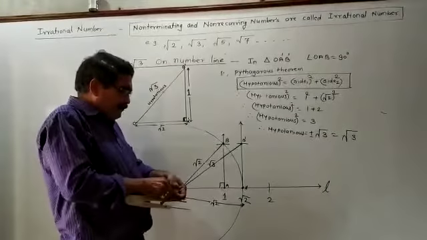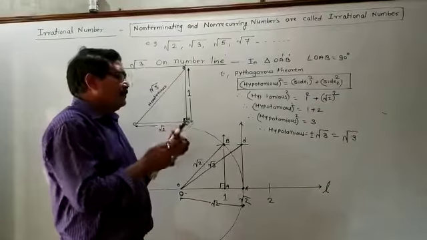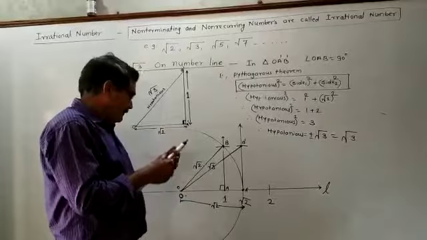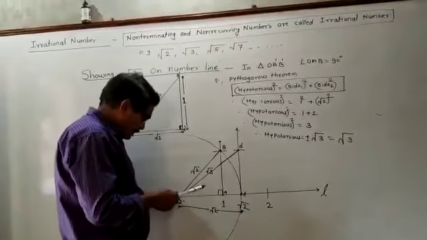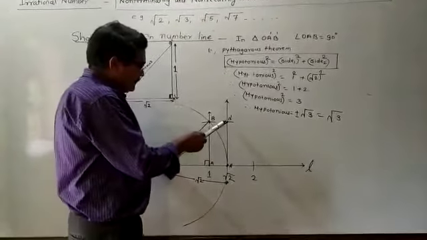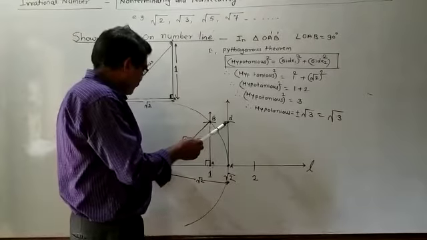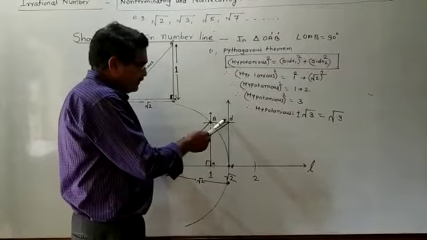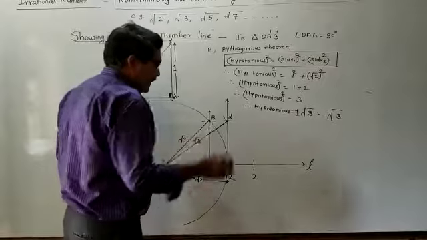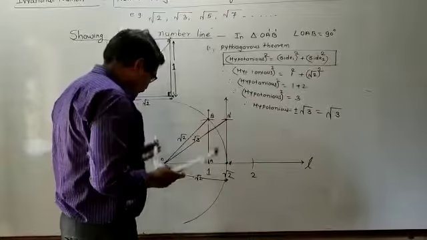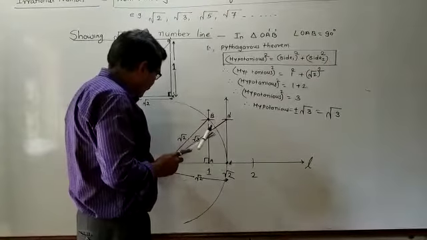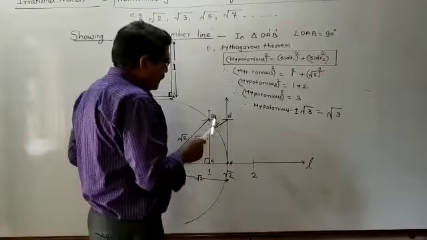And if you want to draw the circle, or if you want to draw the arc of the square root of 3, at that time from the O you have to take this distance. This distance is of the square root of 3, and from this B dash you have to draw the arc. Properly you have to do all these things, sharp the pencil properly, and you have to draw the arc like this.